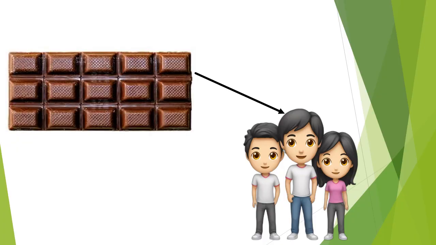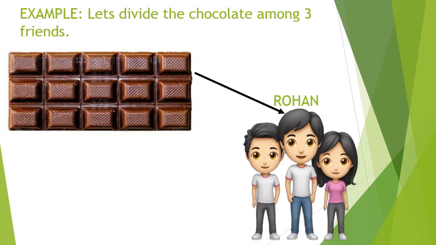Let's see one example first. What do you see on the screen? We see a bar of chocolate and three friends. This chocolate belongs to Rohan, and Rohan wants to divide this chocolate with his friends because he knows sharing is caring.